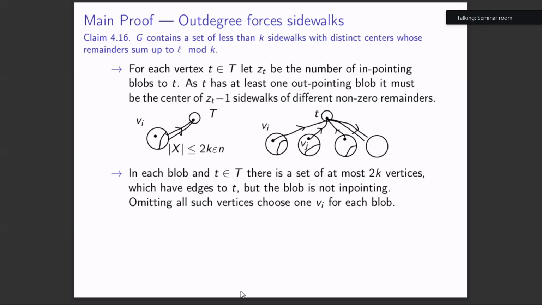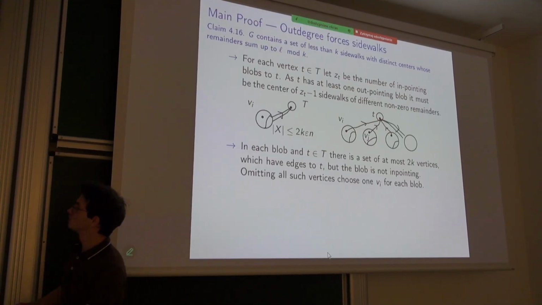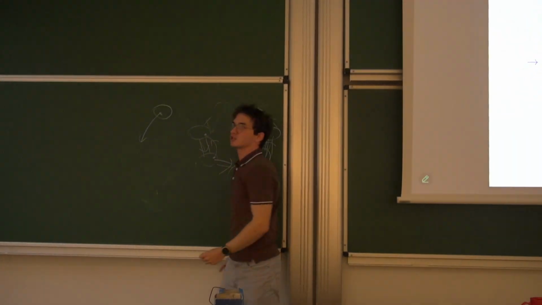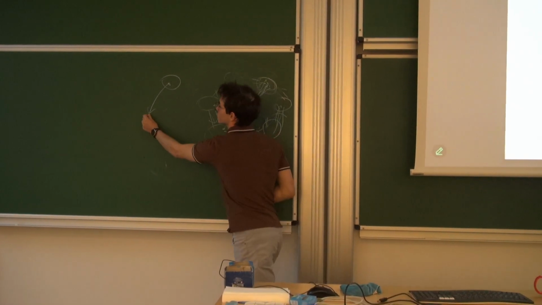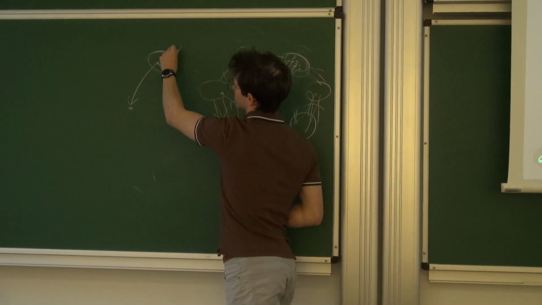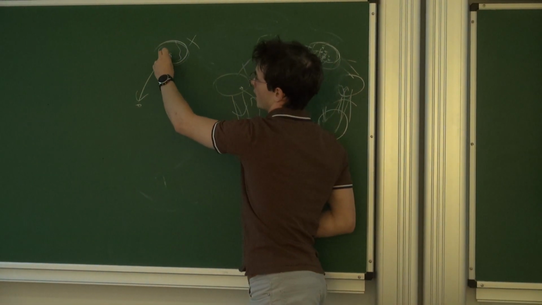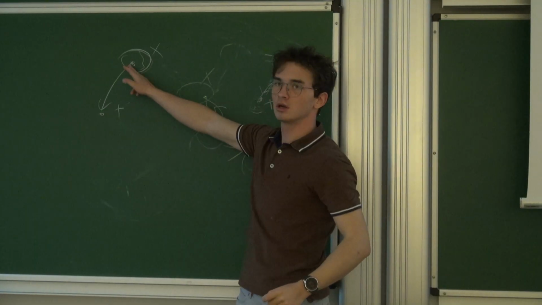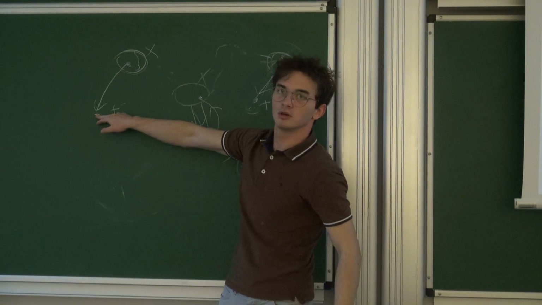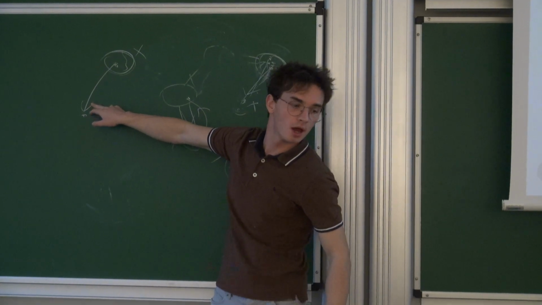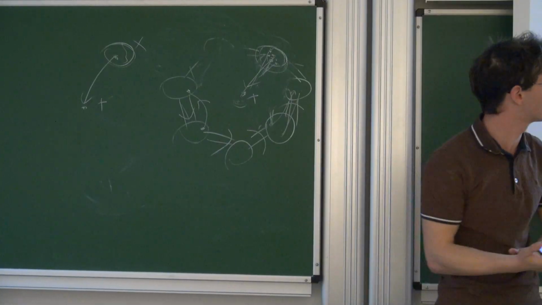Yes, so notice that for each vertex outside this problematic set, if the vertex outside of X in a blob has some edge to a vertex in T, then in fact this whole blob is in-pointing to T. Yes, and that's a very important observation.